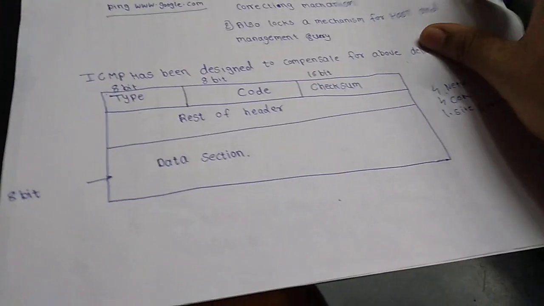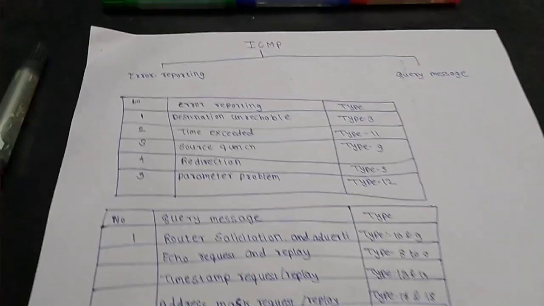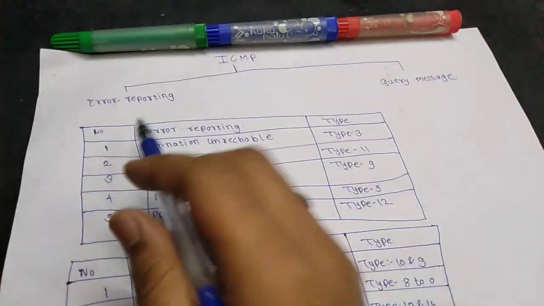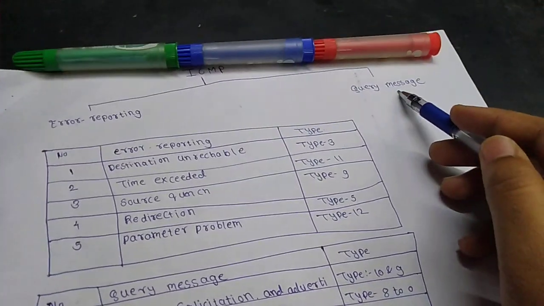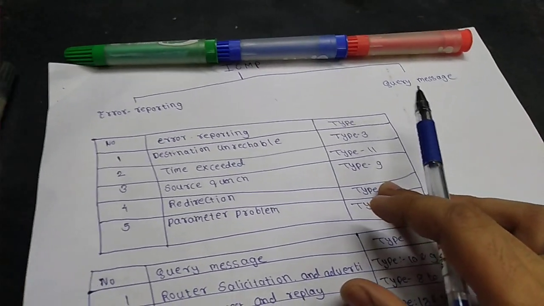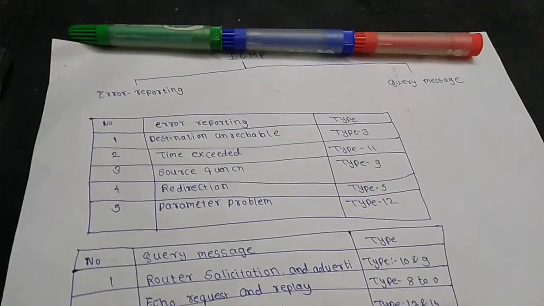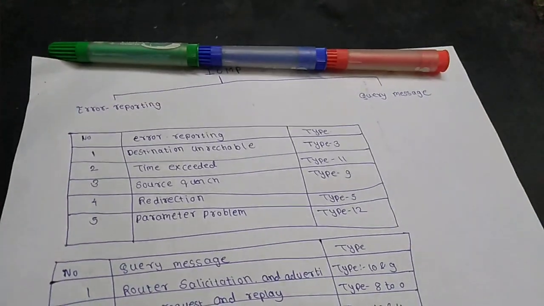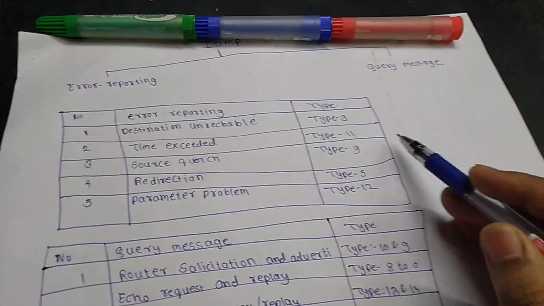Let's move on. ICMP provides error reporting and query message reporting. Some errors provided by the ICMP protocol are, for example, destination unreachable, which is type 3.